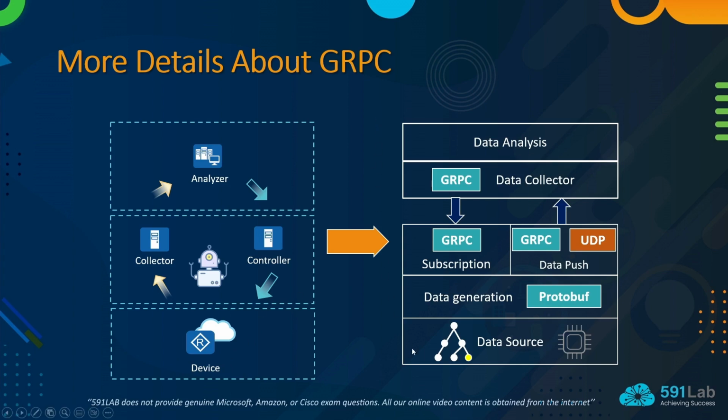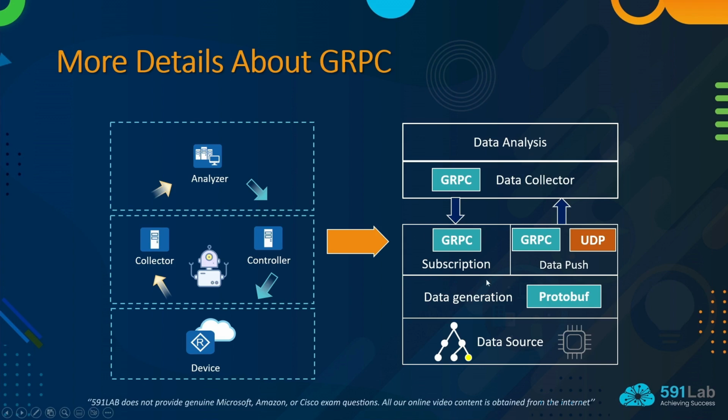So the details of gRPC: if we use gRPC to do the telemetry, the monitoring data will come from the data source, like the CPU. So the data generation layer is Google protobuf. But firstly, we use gRPC to subscribe to which metrics we want to get, like CPU usage, memory usage, or interface traffic.